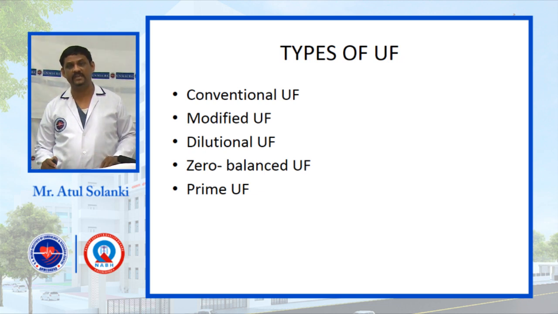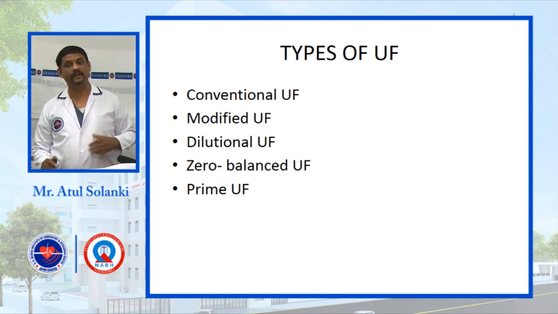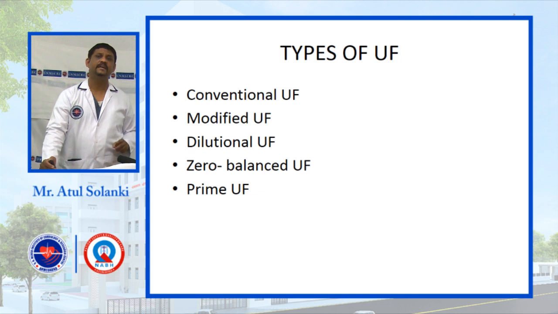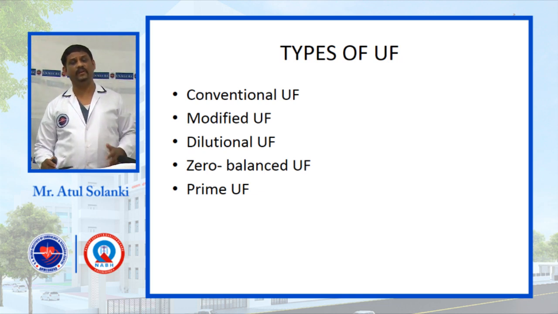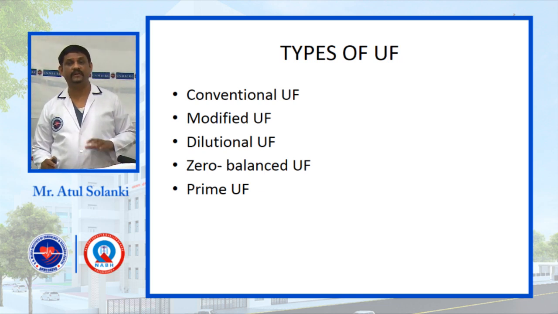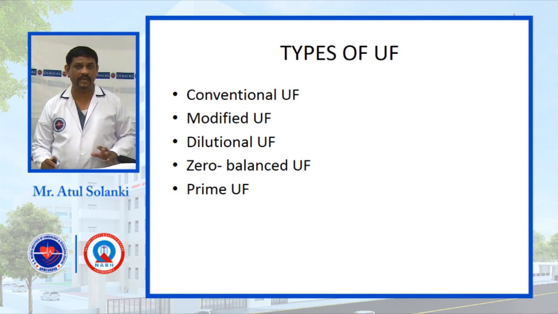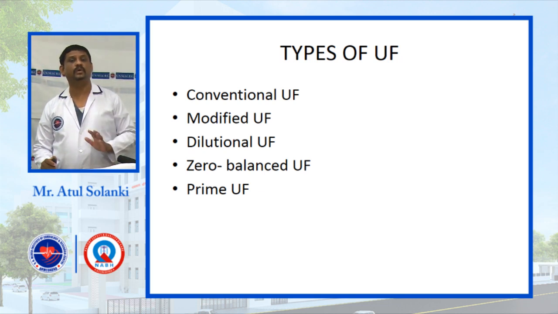Dilutional ultrafiltration is again to reduce the dilution of your circuit and your patients. Zero balance ultrafiltration technique is when we are doing ultrafiltration, at the same time we try to maintain the electrolytes as well as the total body volume. So at that time we have to add an electrolyte balance solution for the ultrafiltration technique.